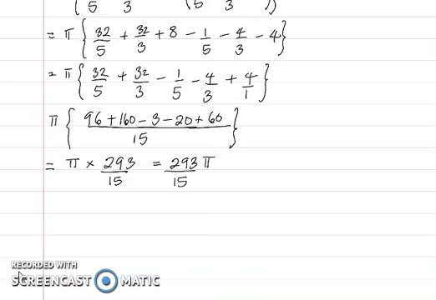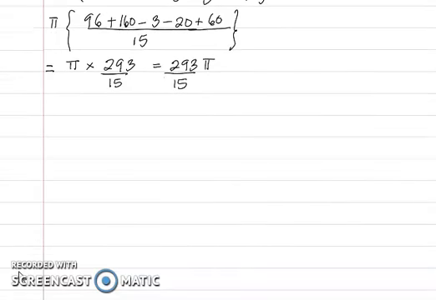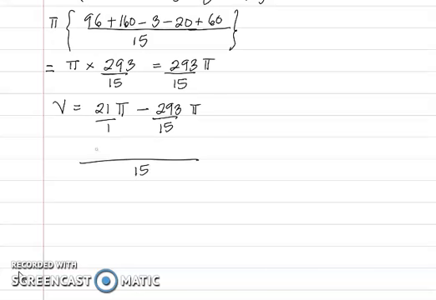All right, so obviously we're not finished because we did it separately. So the volume would be 21 pi, which is what we got from the first integral, minus 293 over 15 pi. So let's put this over 1, find the LCM, which is 15. This becomes 315 pi minus 293 pi.